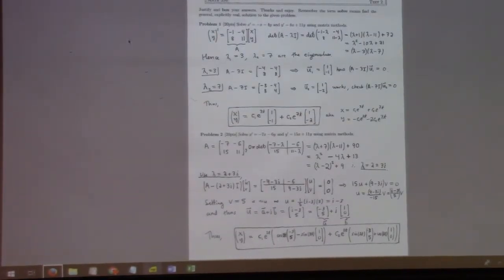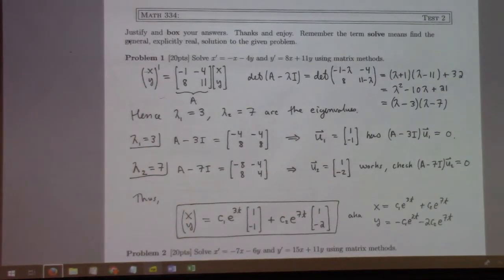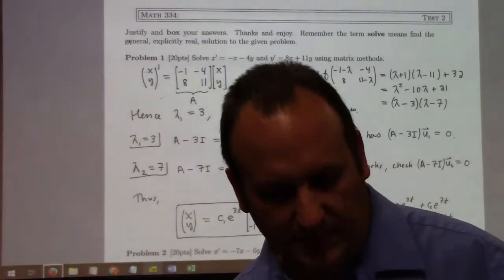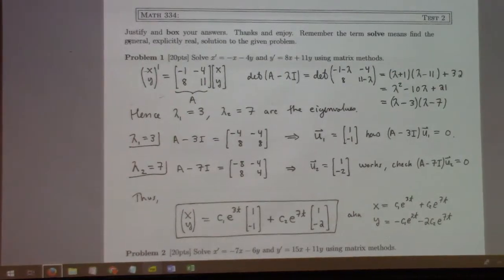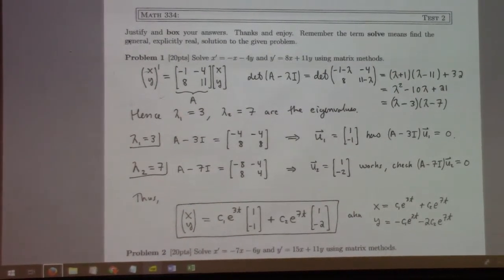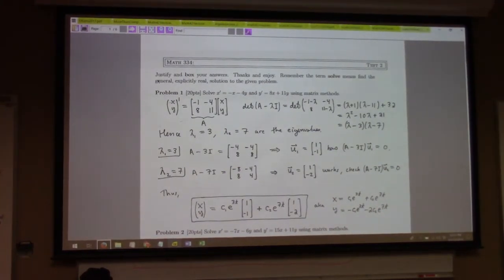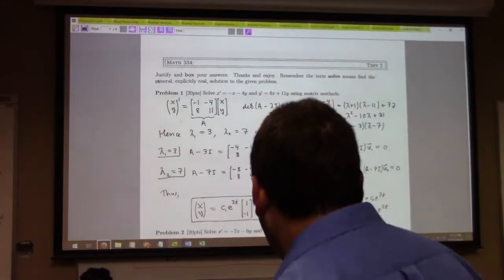All right, so first one's a system, right? And I think I said to solve by the method of eigenvectors and, oh, you're fine, thanks, you already had it. Solve by using matrix methods, all right?